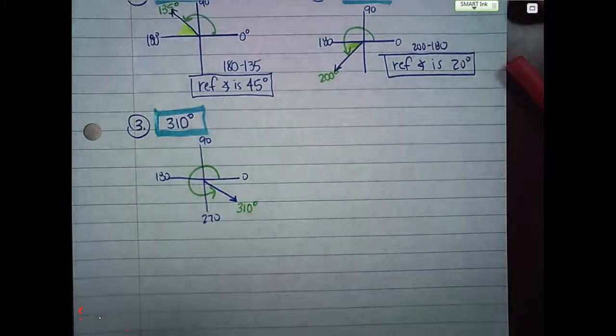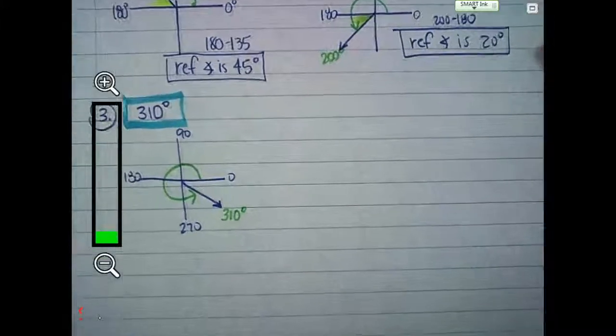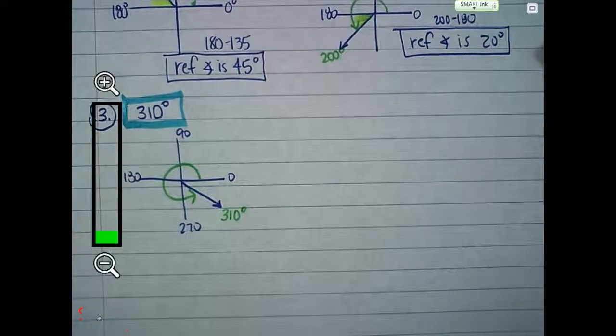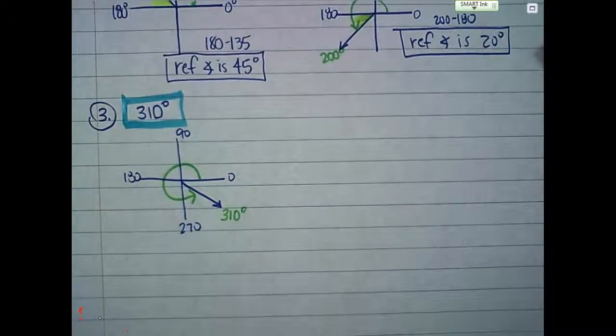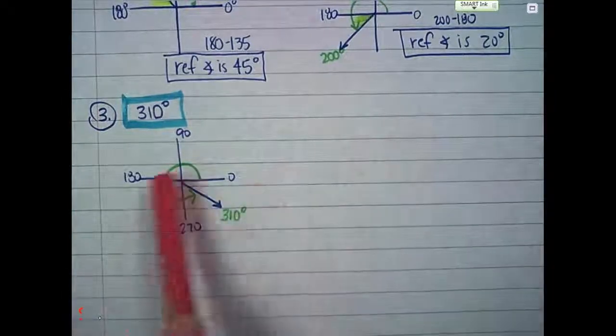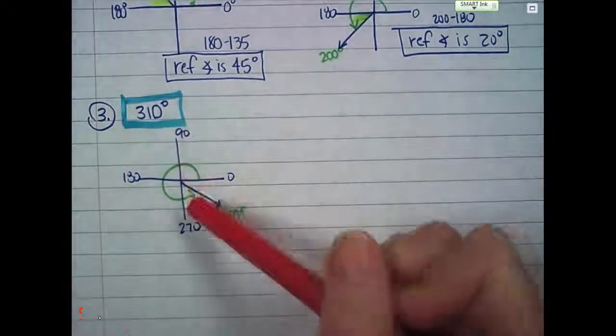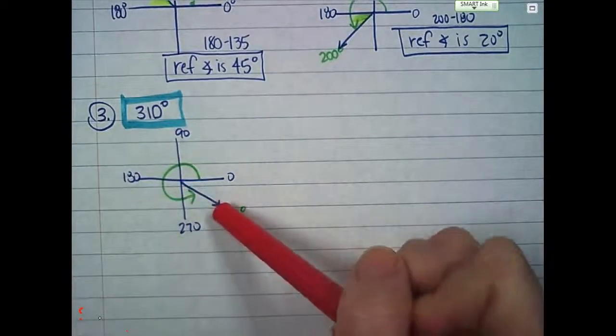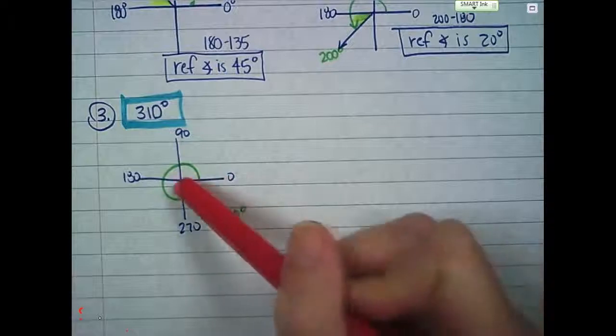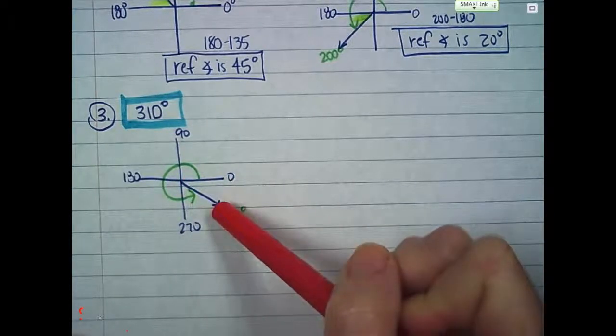Okay, that's kind of what we're learning. It's asking, how do I know where to shade? Okay, let me think what I told you. Your angle you shade has to touch the x-axis. So this is your x-axis, and it has to be acute, right? And your terminal side needs to be part of the angle. So this right here has to be part of the angle and has to be acute.